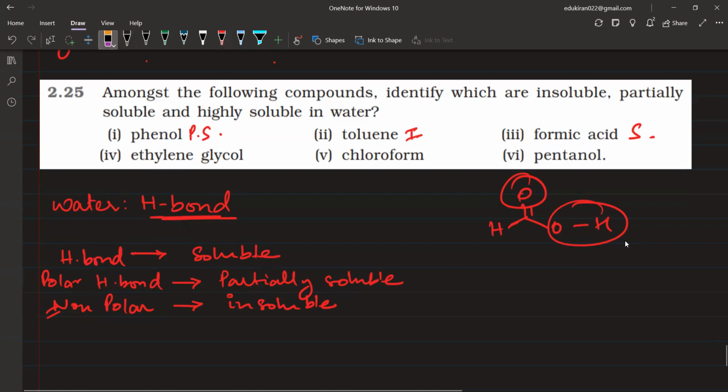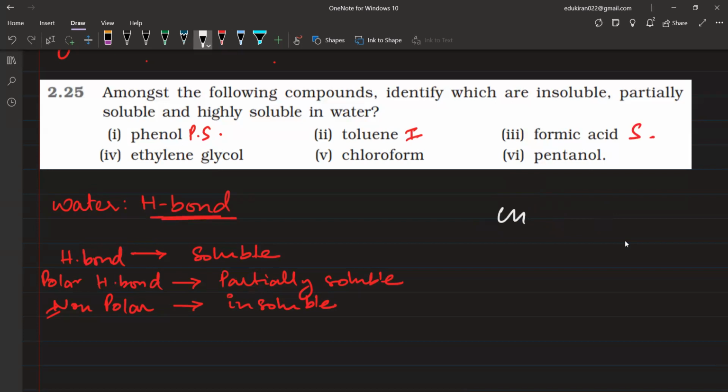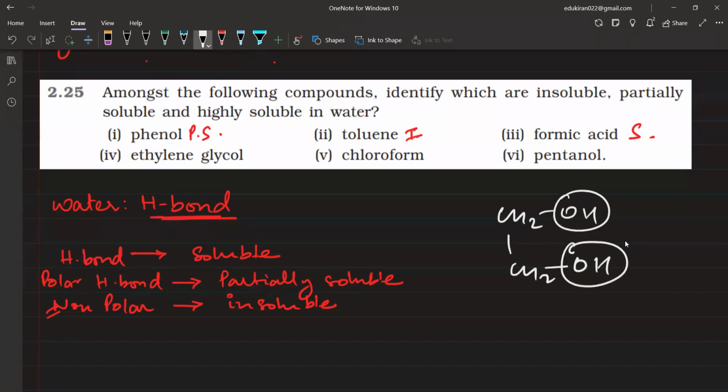Ethylene glycol. Ethylene glycol has two hydrogen OH bonds. CH2, CH2, OH, and OH. Okay. So here you have two OH. Water में भी दो OH होता है, and that is why एक OH वाला ये bond और एक OH वाला ये bond. So that is why both of them can form hydrogen bond, and that is why ethylene glycol is also going to be soluble. Chloroform. Chloroform is what it is. अच्छा, non-polar का. Chloroform, it is going to be insoluble because it is very less polar.